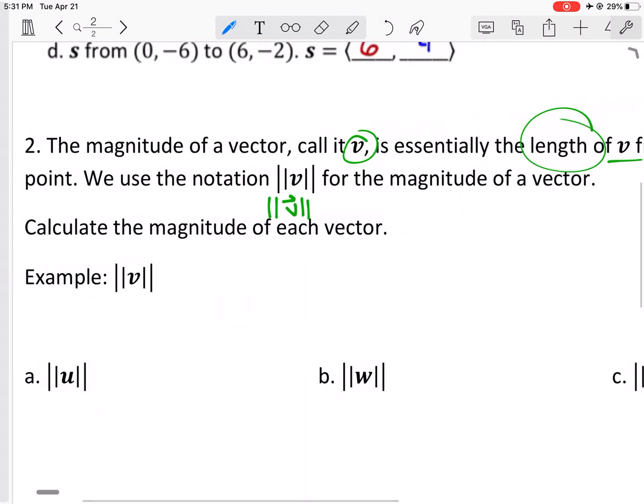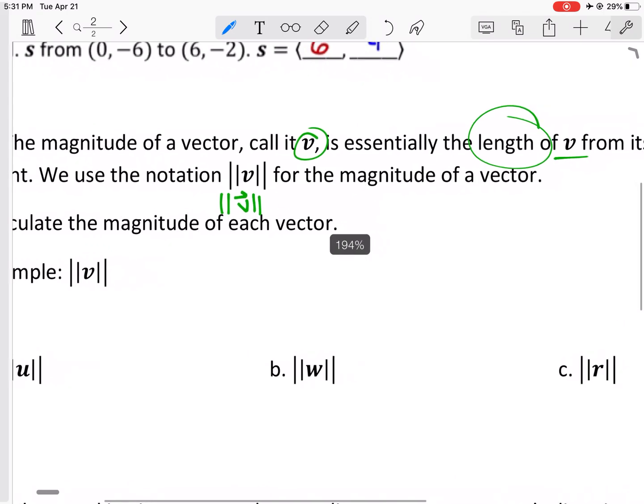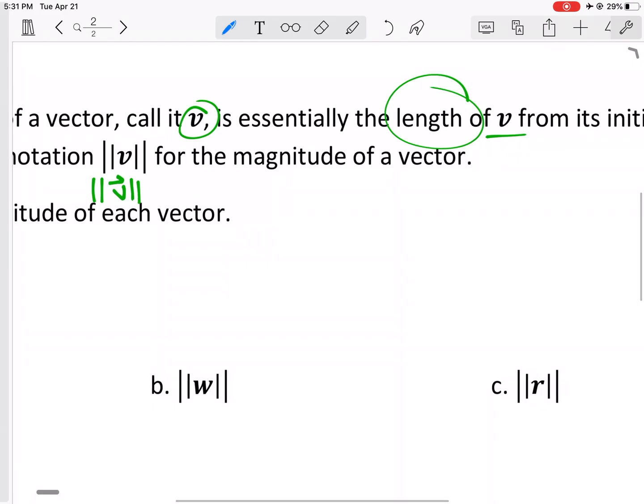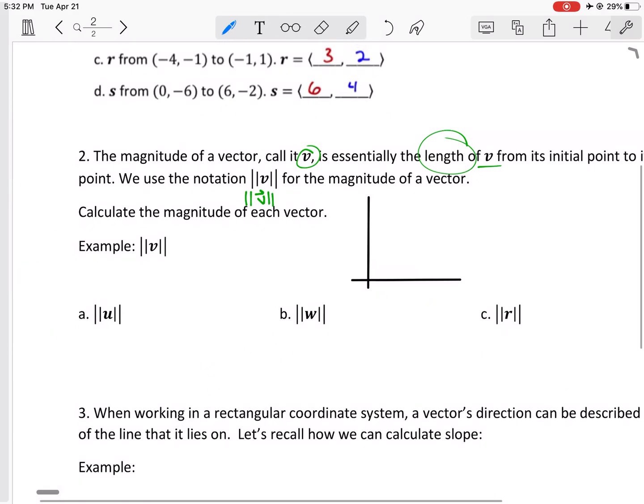So let's calculate the magnitude of each of our vectors that we have up there. I'll do v as an example. To visualize this, I'm going to put it in a coordinate plane. It might not always be useful to draw a graph, but to understand and come up with a way to do this over and over again without drawing a graph, let's do it once.